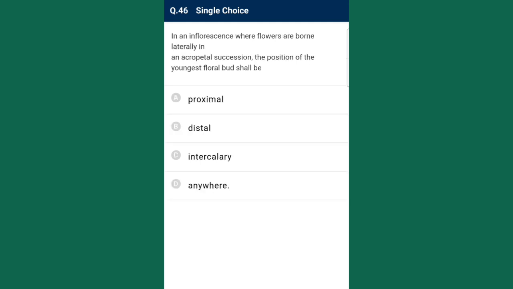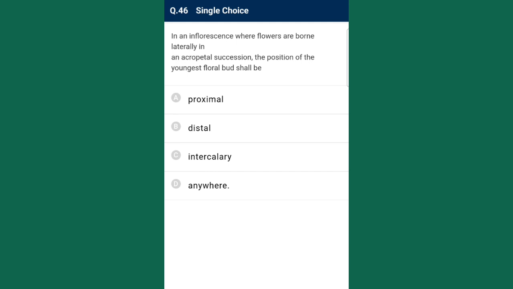Question number 46. In an inflorescence where flowers are borne laterally in an acropetal succession, the position of the youngest floral bud shall be. The flowers are in a modified shoot, in which the shoot apical meristem is converted to the floral meristem. Internodes don't elongate and therefore the axis gets condensed.